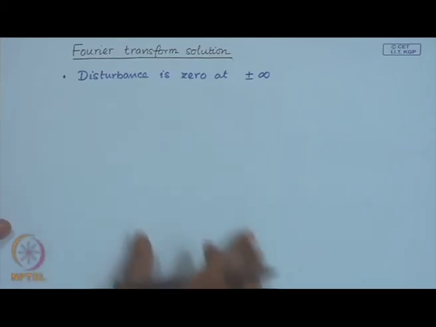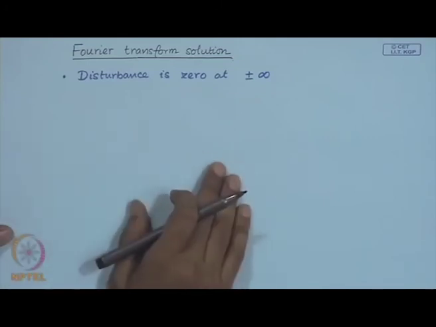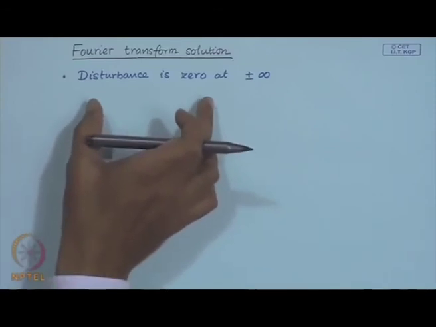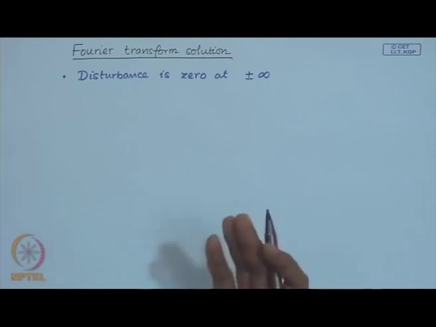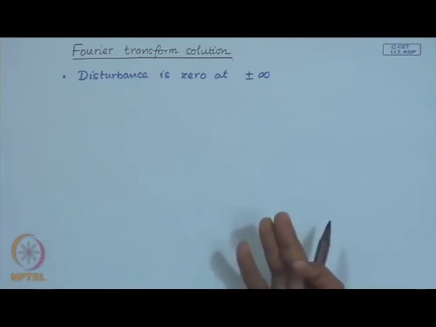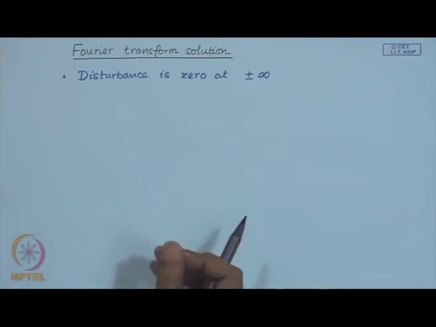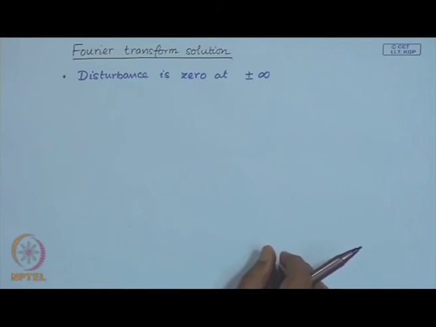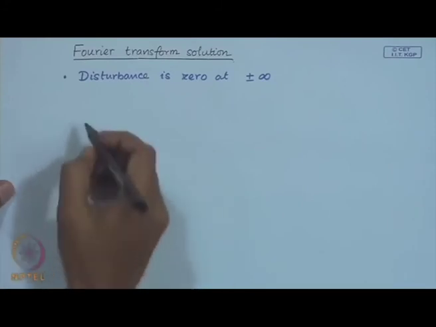So, with this assumption, we must have square integrable functions. So, the initial conditions are such that the Fourier transform exists, and we are looking at finite time, so that the disturbance has not spread out from minus infinity to plus infinity. So, this is an assumption that we make in this approach.